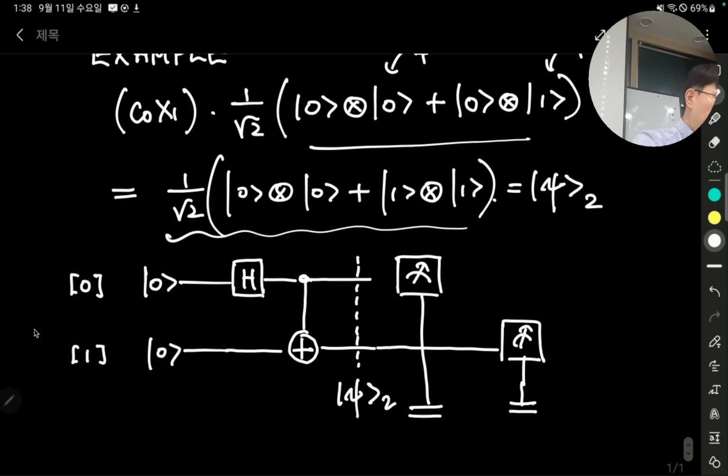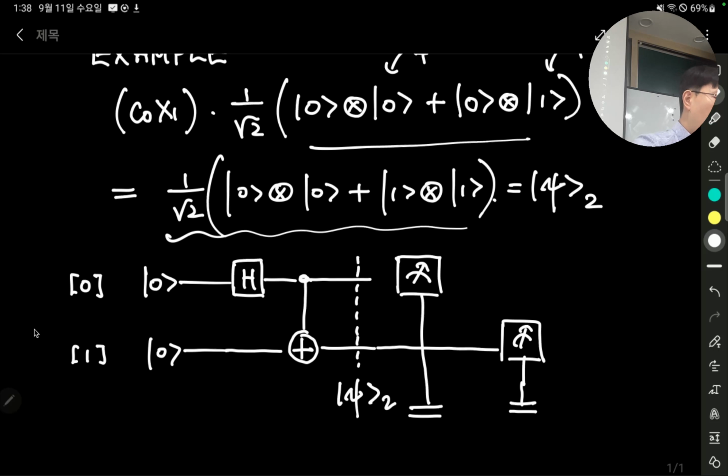It means I take the measurement of qubit 0 first and then the measurement of qubit 1. What will be the measurement of qubit 0? What are the possible outcomes? 0 or 1.